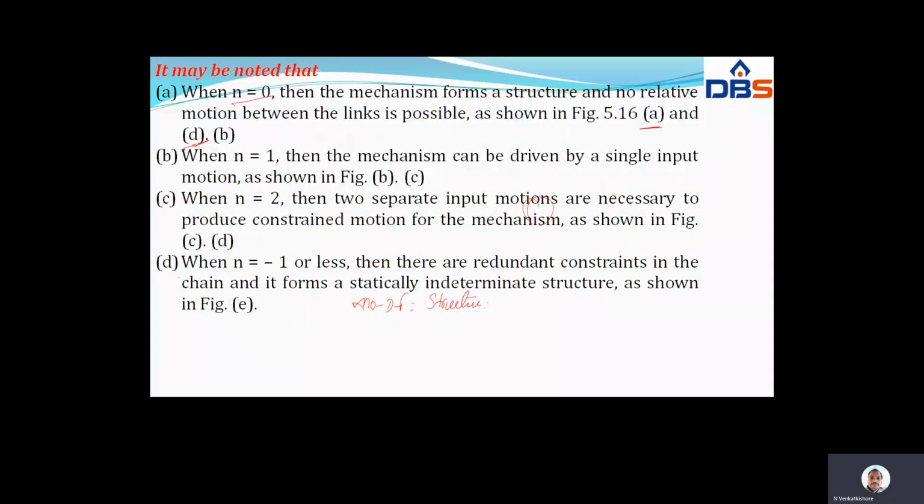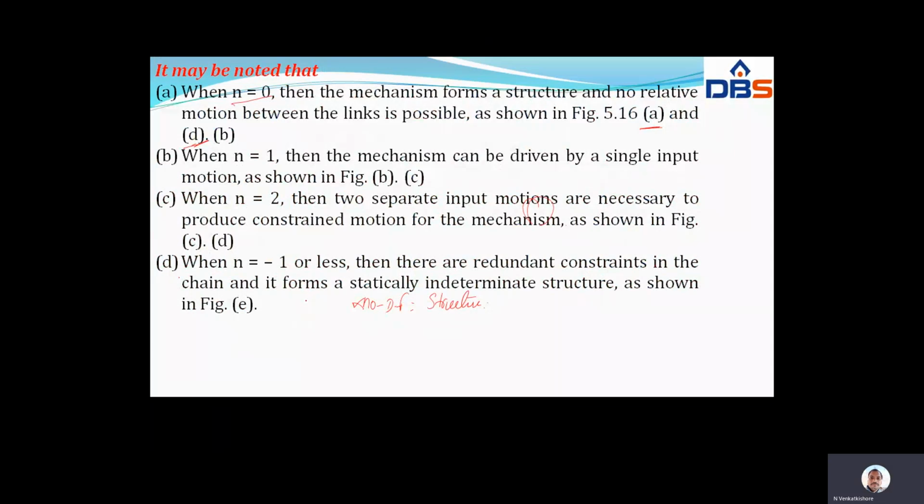It forms a statically indeterminate structure. So it is not a structure; beyond the structure, it is indeterminate. That means we can't frame the structure also. So n is equals to 0 means it is a structure.